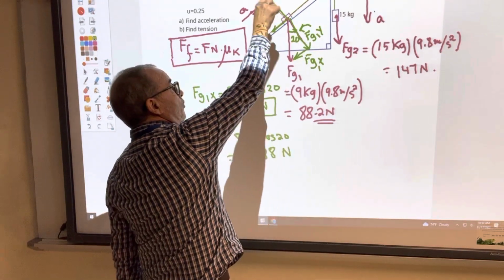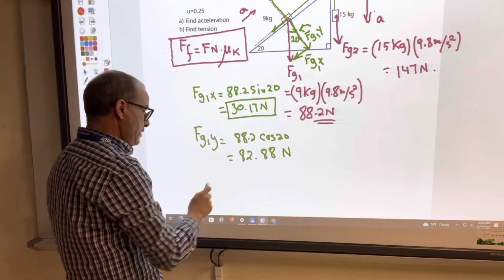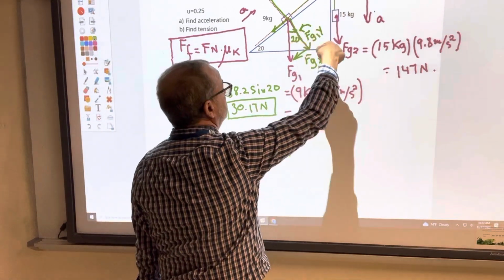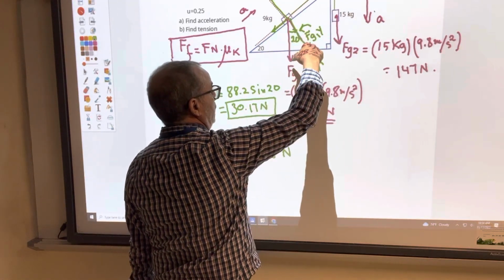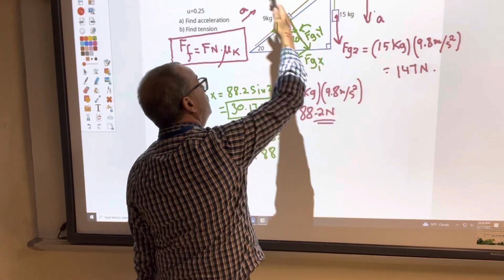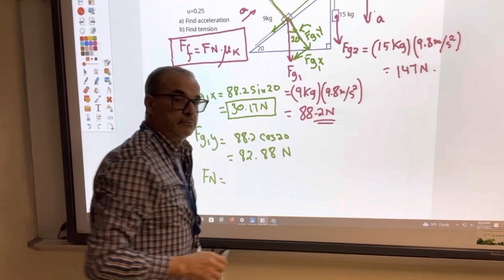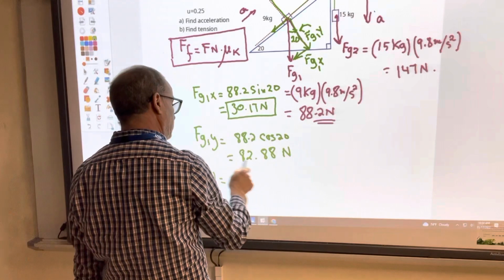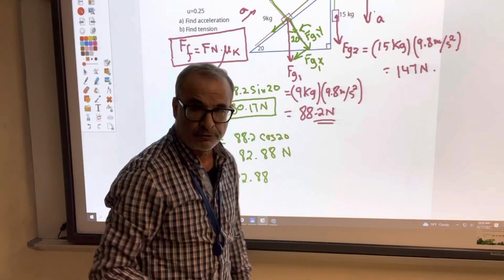There are no other forces in the vertical direction, only Fn and the y component of this force. So those two forces are balanced. So Fn is equal to Fg1y, which is 82.88.